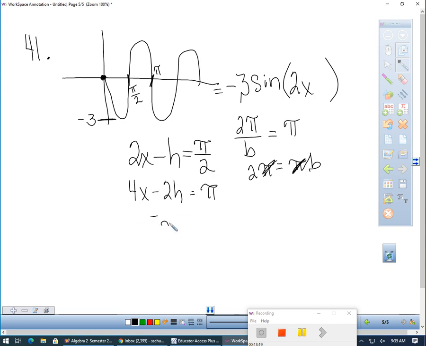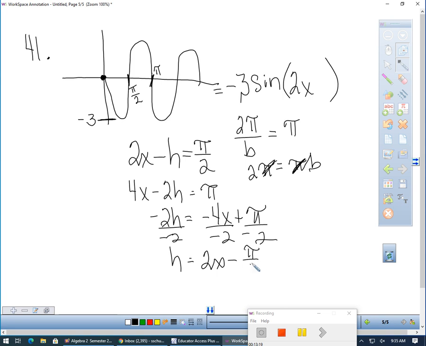So I have negative 2h equals negative 4x plus pi. And then if I divide everything by a negative 2, I get h equals 2x minus pi over 2, which is not an option.